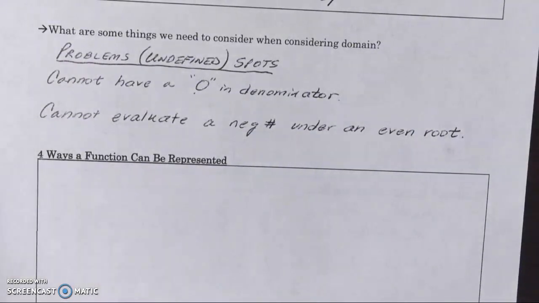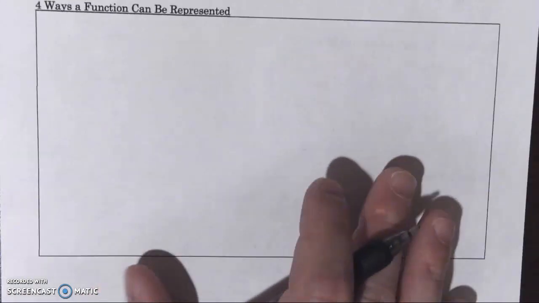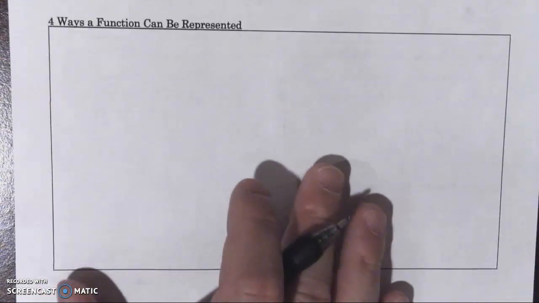Okay, most of the time we're thinking square root here. So if we did have a square root in a function, we would have to exclude any inputs or any x values that would create a negative number underneath that root. Those inputs would not be part of our domain. And those are really the two problem spots, and you'll see a lot of that come up in our examples during class time.